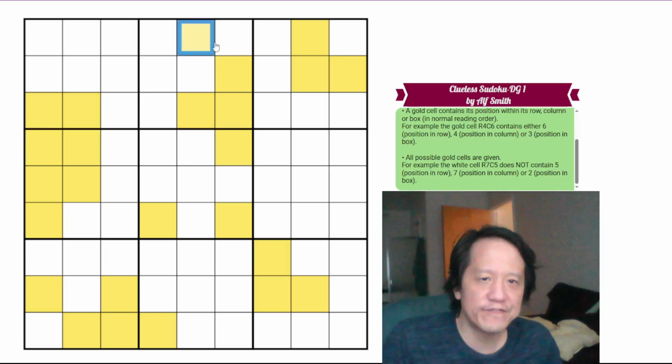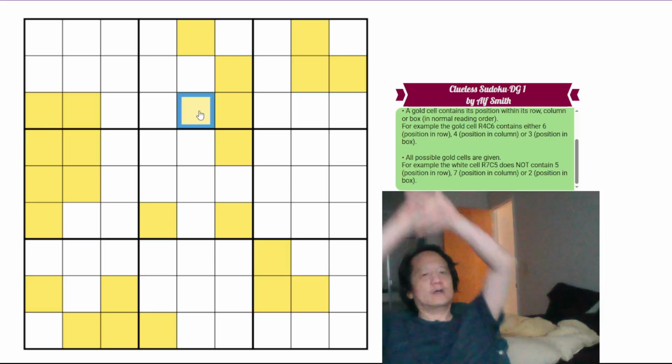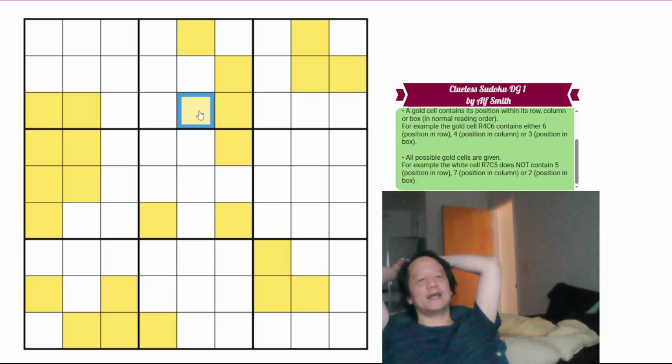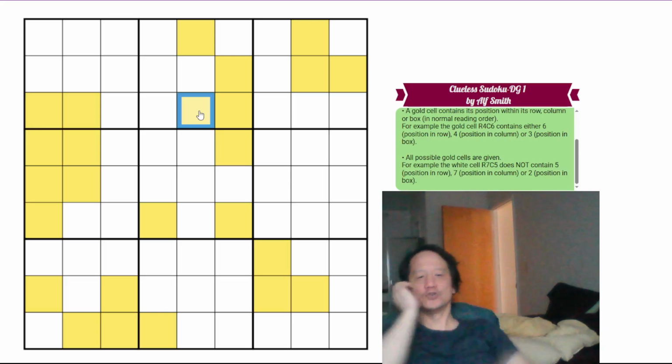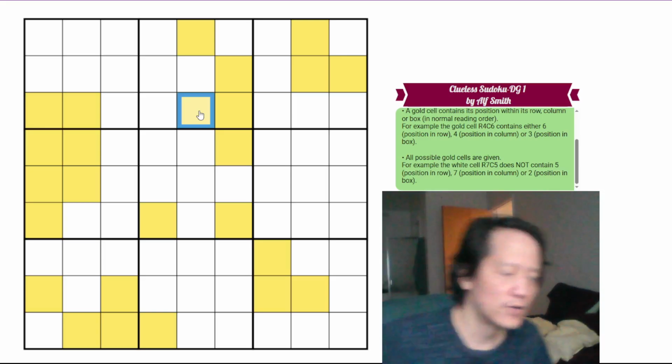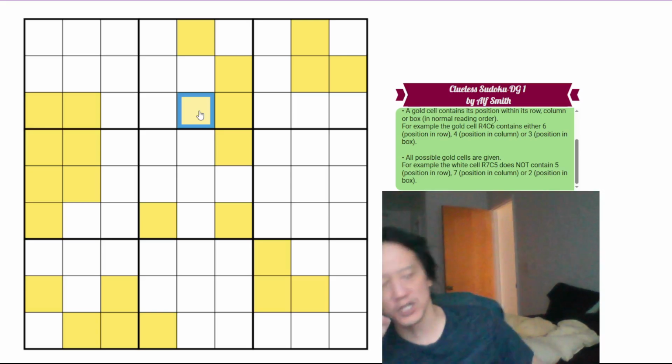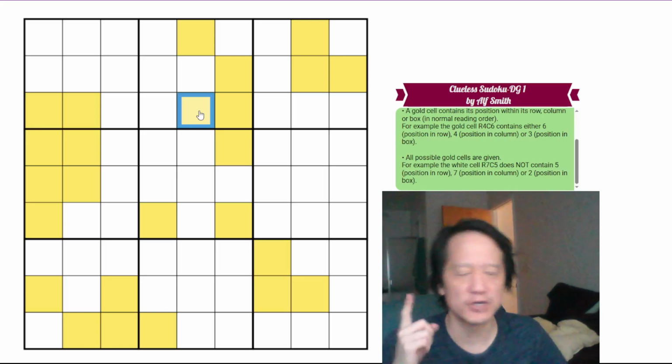Okay, so for these types of puzzles, I like going to the gold option. Let's see where there are cells which can only be one digit.